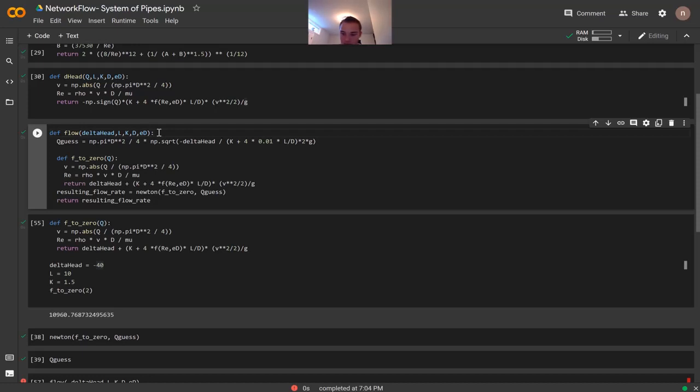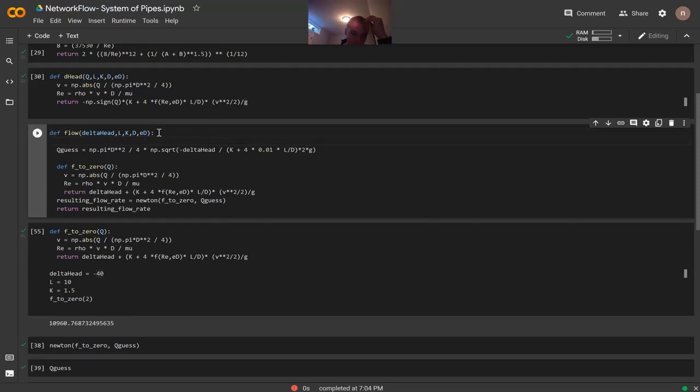So what we need to do is alter the sign of delta head. How we're going to do that is in our flow function, we basically need to do another one of those absolute values. So we can just call this our delta head for absolute value, DH underscore absolute value.